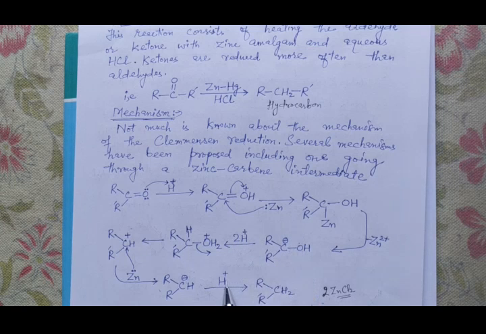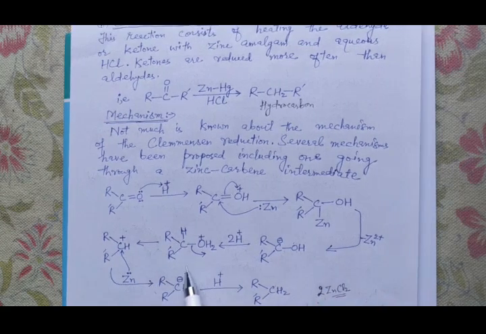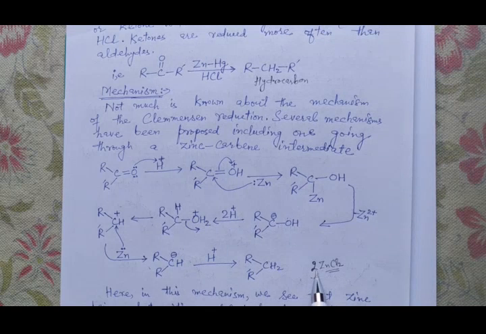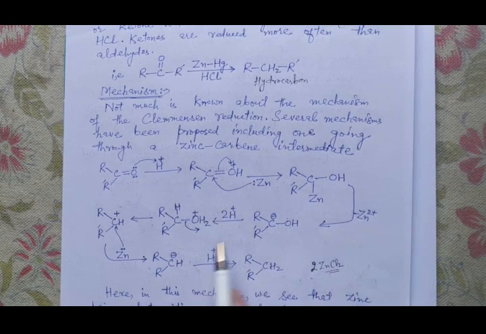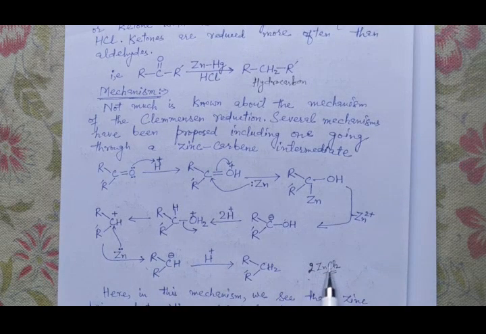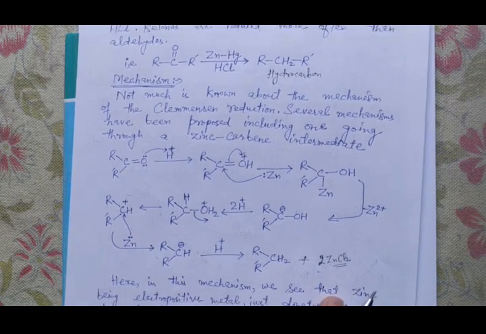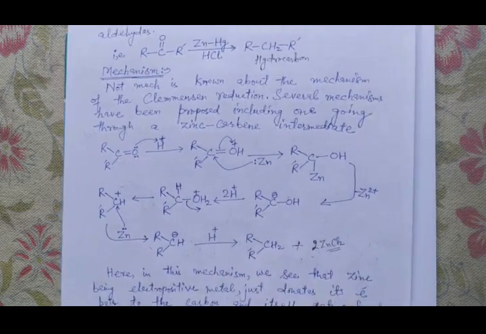So 4 chloride ions combine with the 2 zinc 2 positive ions, thereby giving 2 molecules of zinc chloride. Here 1 and this is another one, so 2 zinc, and we get 2 zinc chloride molecules during the course of this reaction.